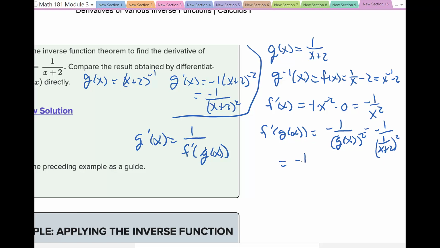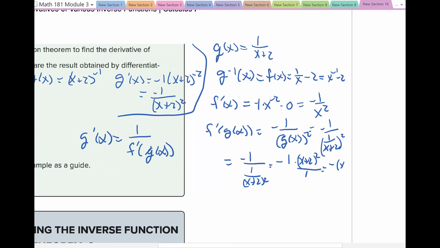That becomes negative 1 times x plus 2 squared over 1. So it's negative of x plus 2 squared. So that's our f prime of g of x.